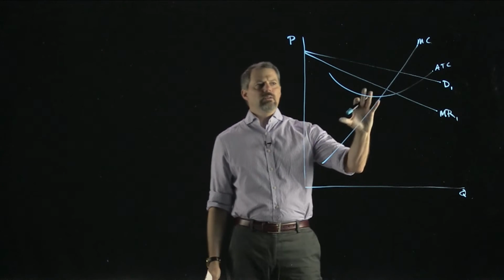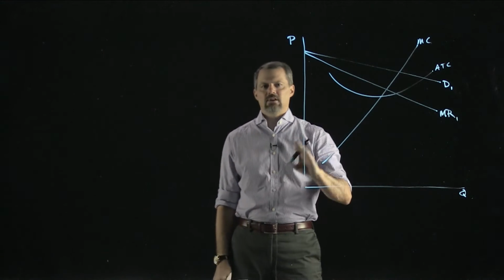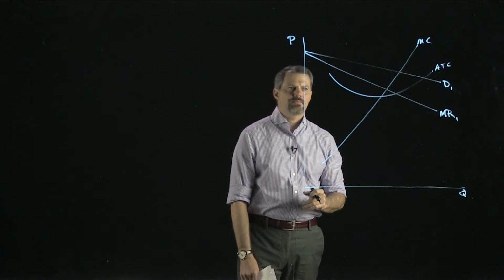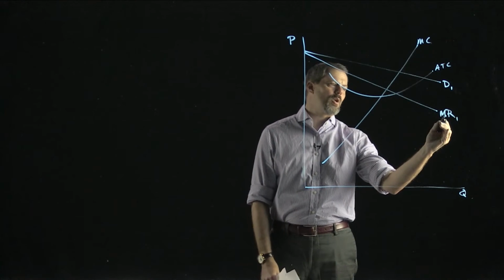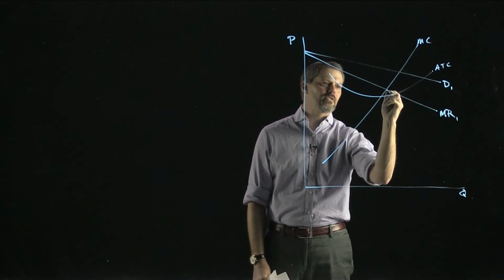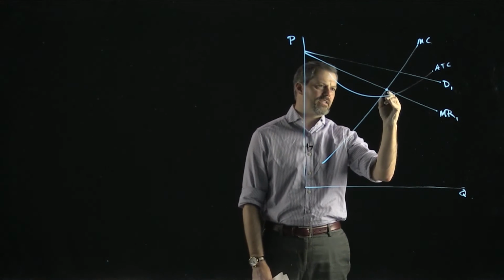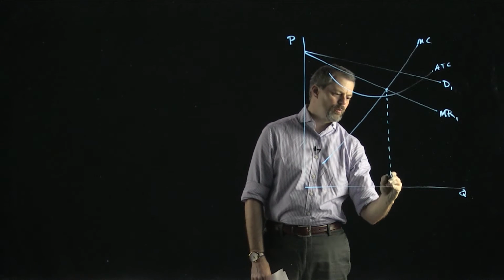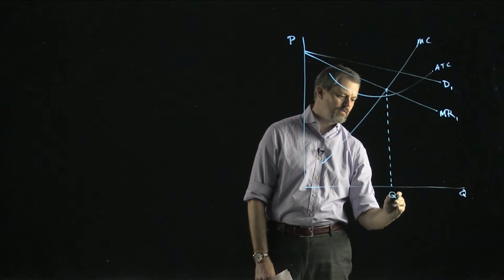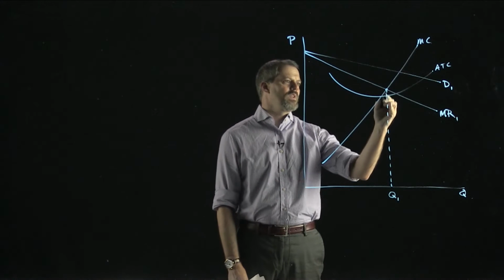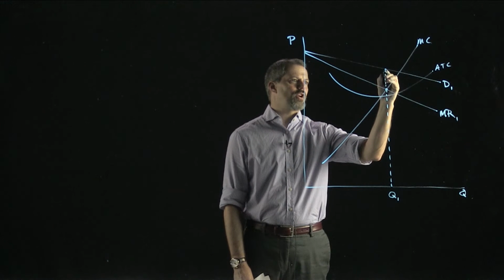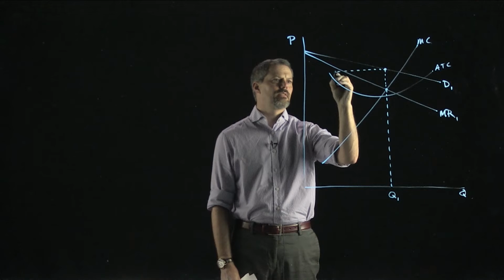Now, don't worry where all of your intersections are. That's not really that important. Here's what we're going to do. We're going to look where marginal revenue crosses marginal cost. Right there is going to be the quantity that this firm is going to produce. We'll call it Q1. They're going to charge this price.